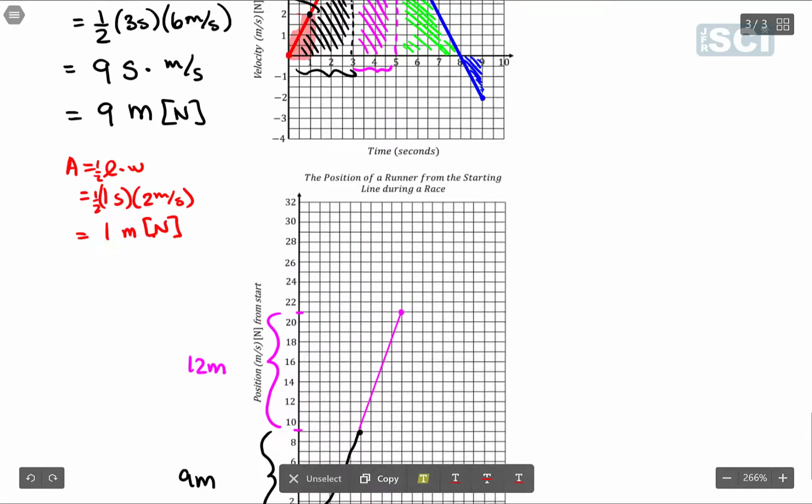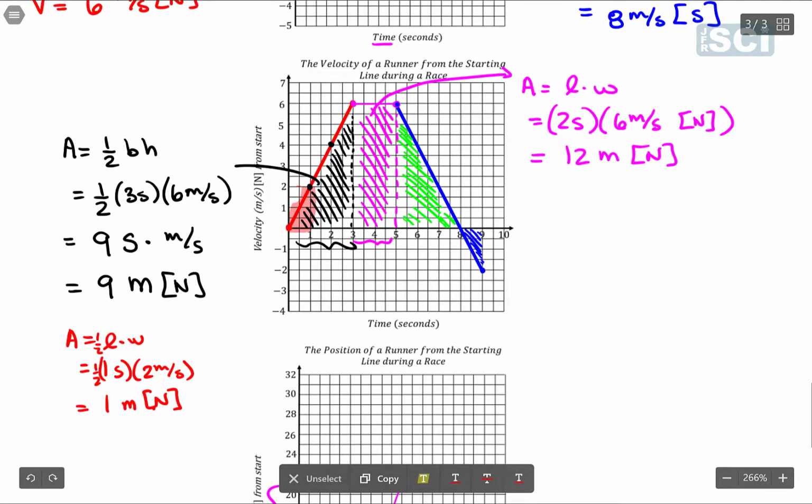And now we have to determine what's going on in the green section. This green section is a triangle, so we'll say 1/2 the base times the height. 1/2 the base in this case goes from 5 to 8, which is 3 seconds.